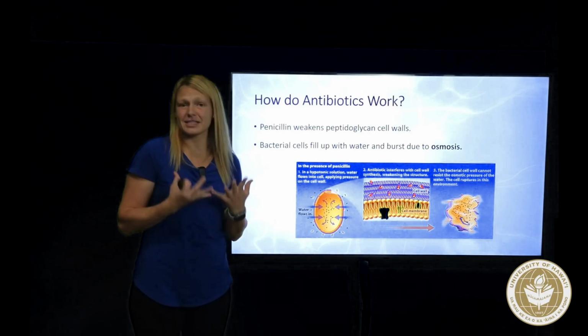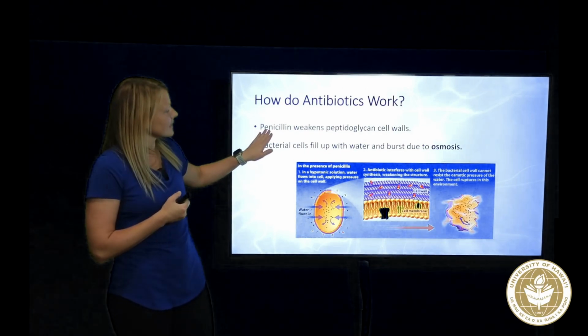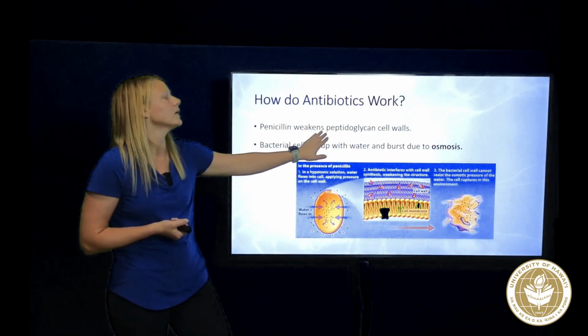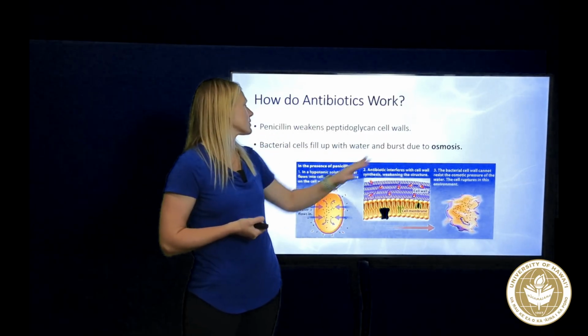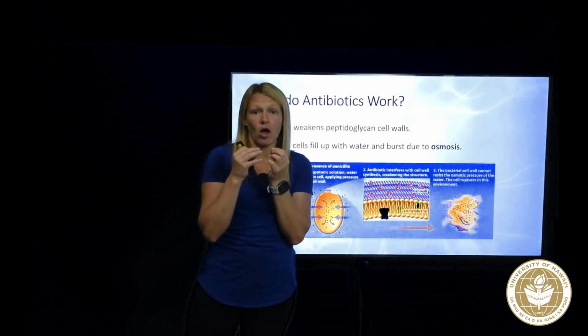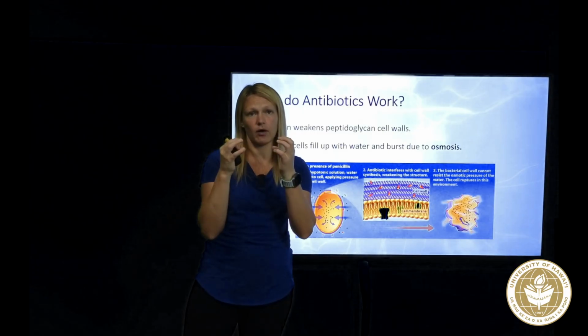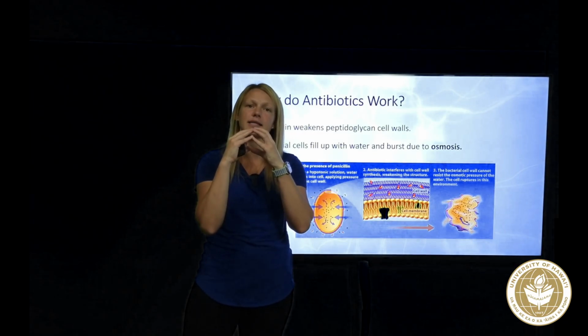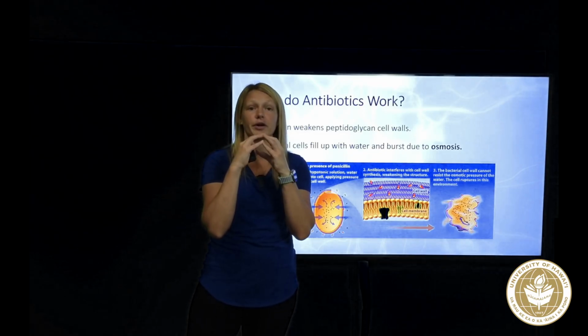So how exactly does this work? Well, penicillin, and other antibiotics as well, are going to weaken the peptidoglycan cell walls. When that antibiotic weakens the cell wall, it starts to break it down. And that cell wall being rigid is what allows the bacteria cells to live inside a watery environment.